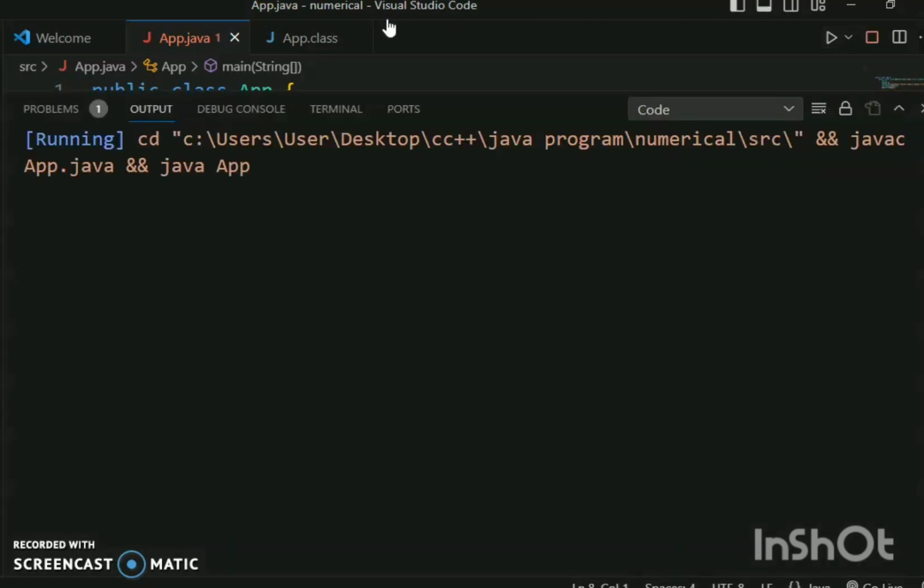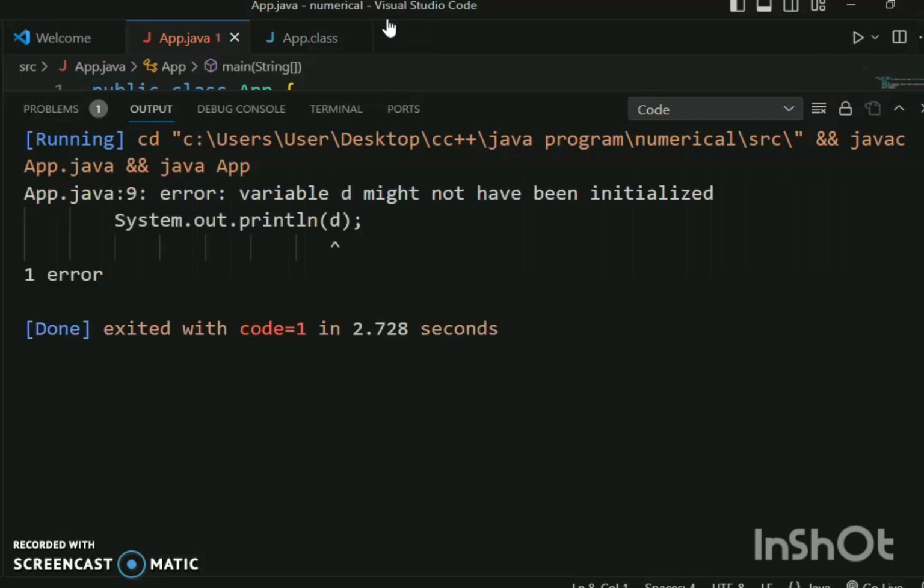So what is my answer? Let's check. Okay, there is some error.